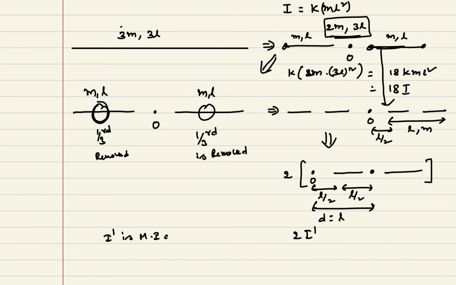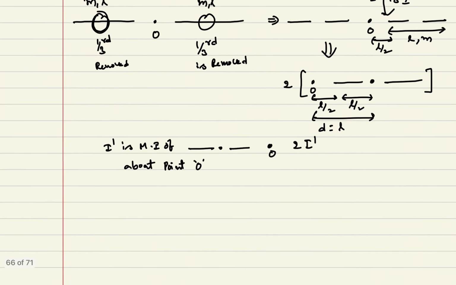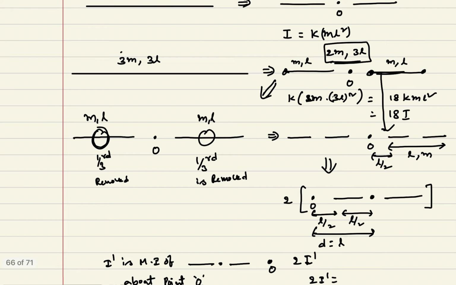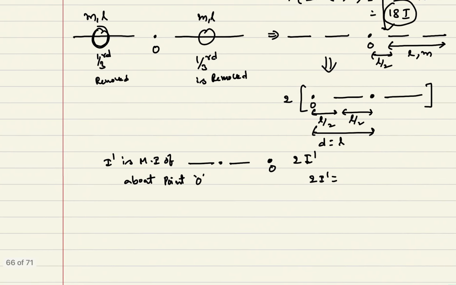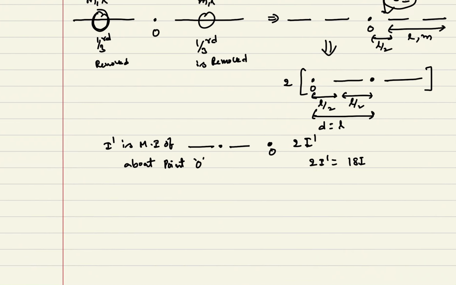I dash is the moment of inertia of this fractal object about point O. This 2I dash is also equal to 18I, as I got earlier. So I got I dash equal to 9I. I calculated the moment of inertia of the fractal object about point O.